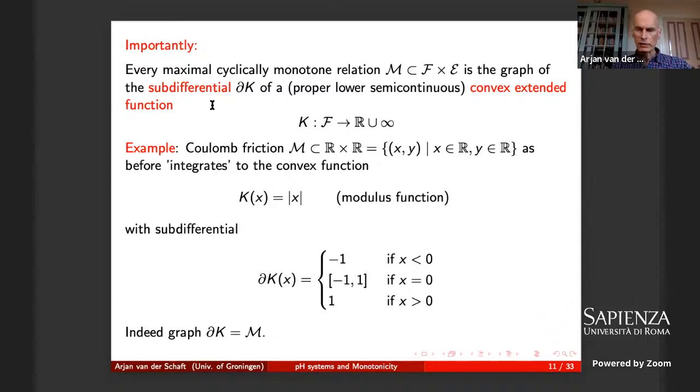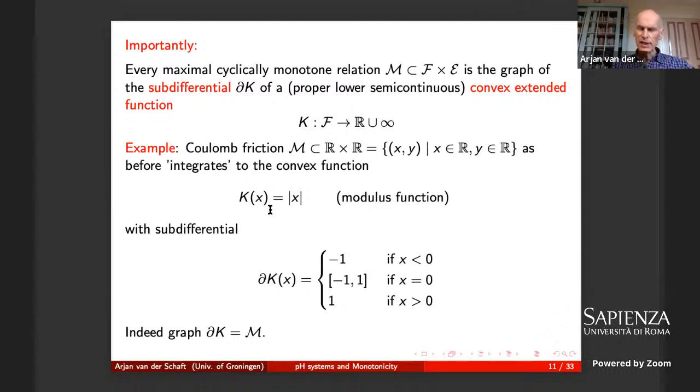So I will not go into any details about this, but just give the main flavor using this example of a Coulomb friction. Because what is the convex function which corresponds to this Coulomb friction characteristic? Well, that is just the modulus function. Yeah, so the function modulus of x, with x in R.